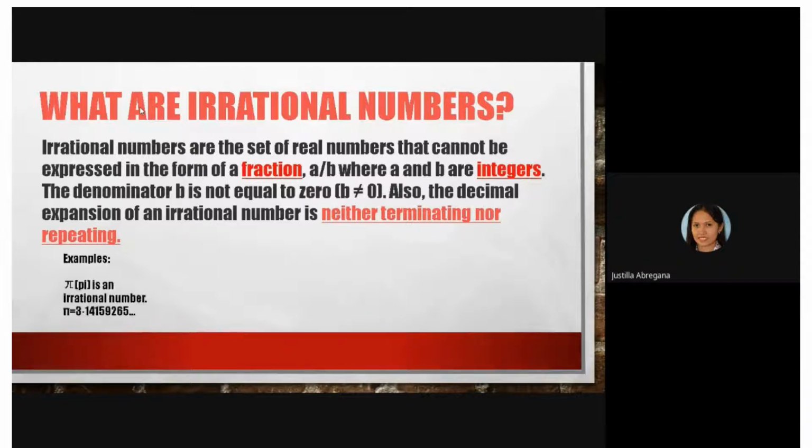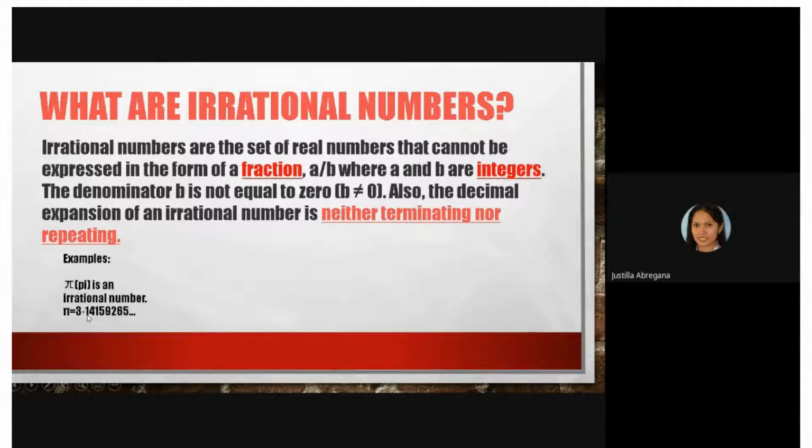For example, this symbol pi is an example of an irrational number. Why? Because the value of pi is equal to 3.14159265 and so on.